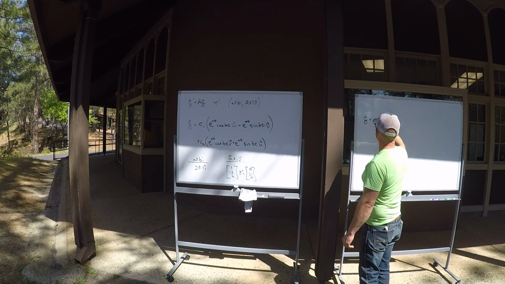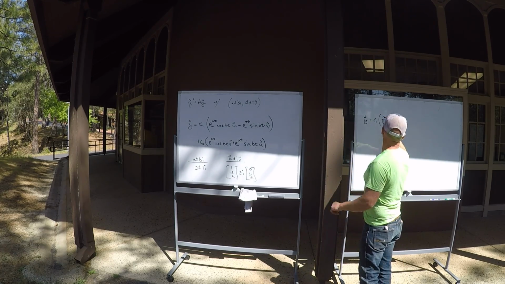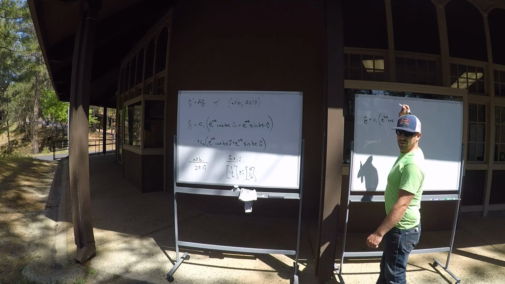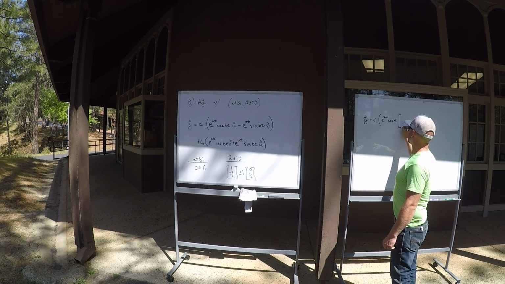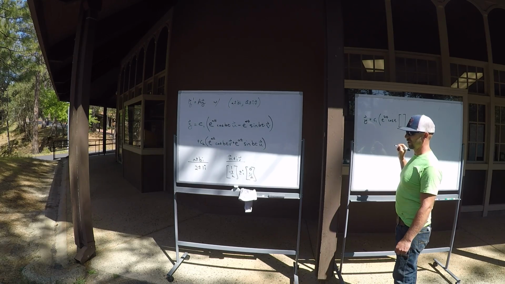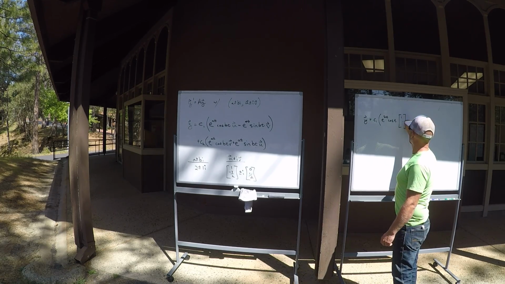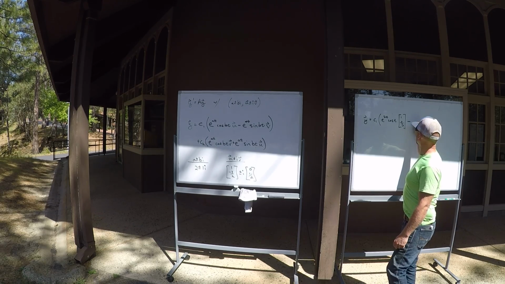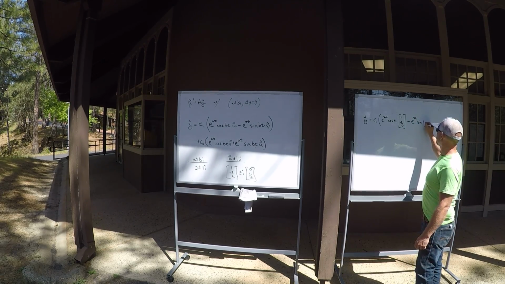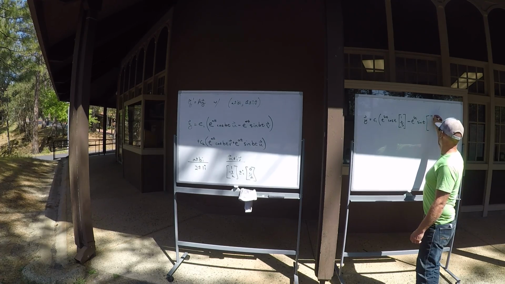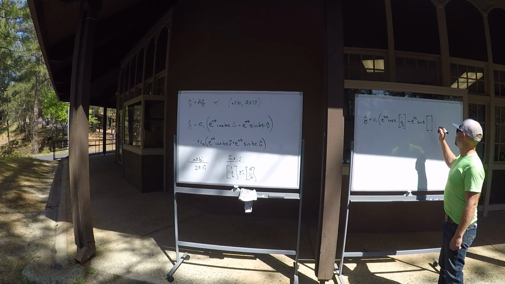So an e to the 2t, a cosine, what's b? 1. So a cosine of regular t. What's the vector u? 1, negative 3 halves. Then we're subtracting an e to the 2t, a sine of t, and what's the other vector? 0, 1. Perfect.